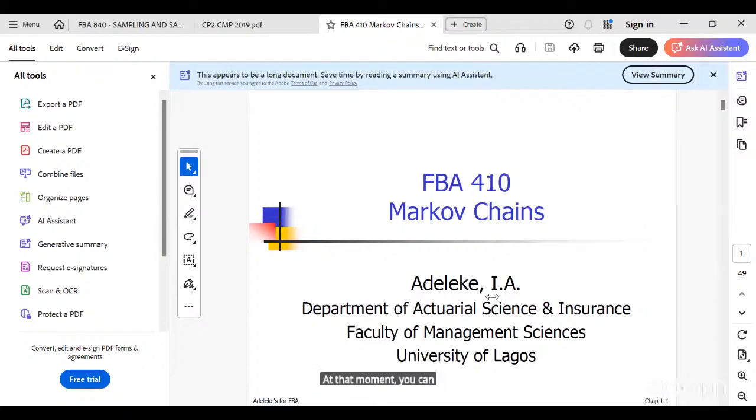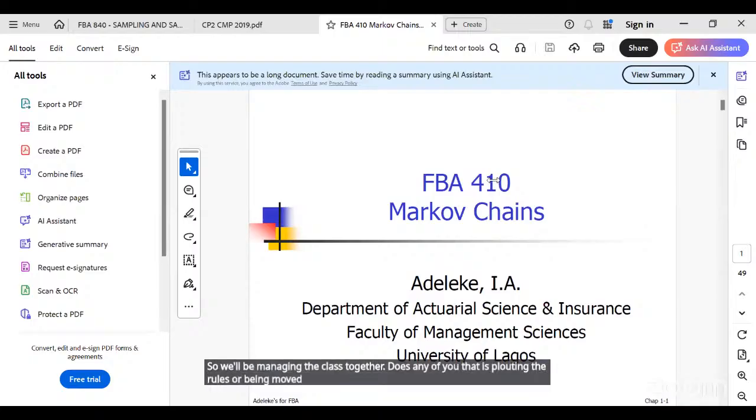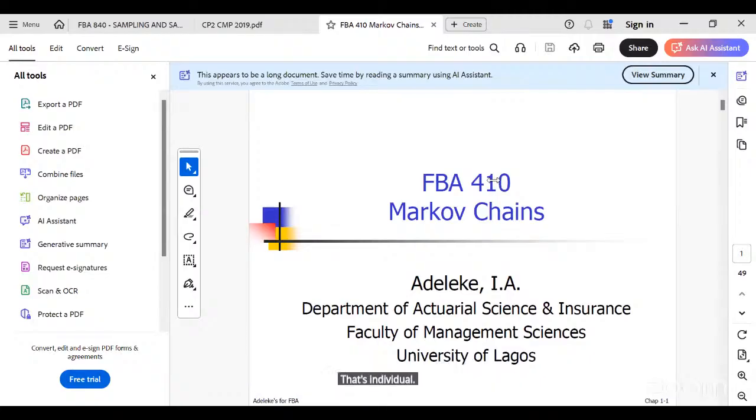Adewumi, you can lower your hands now. Bolaji, you can lower your hands. You are now a co-host. So we'll be managing the class together. If any of you is flouting the rules of being muted, you just assist to mute that individual. Please do not eject anybody.